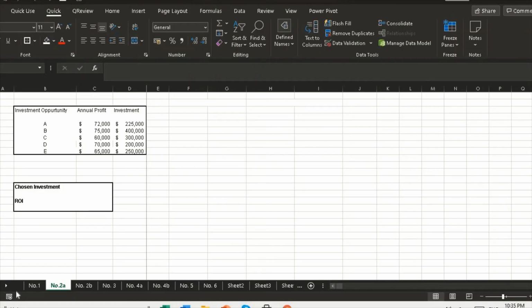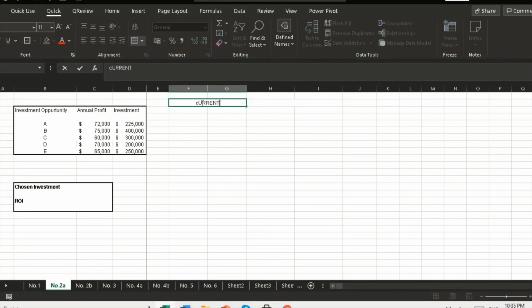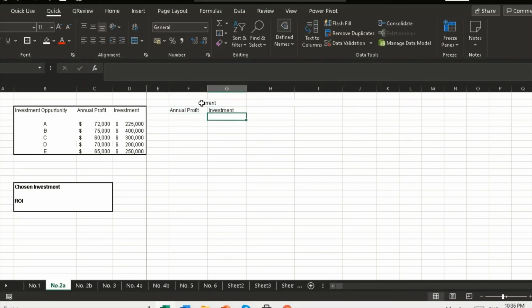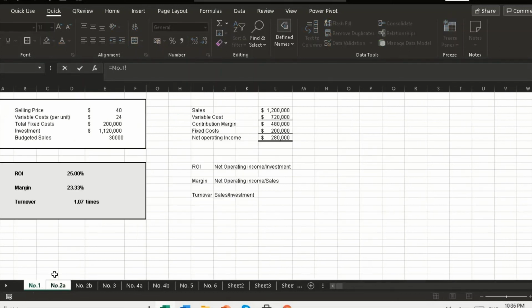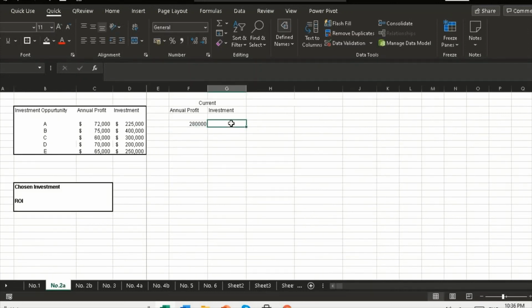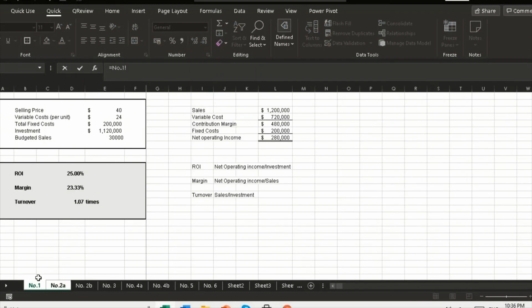To determine which is the best investment opportunity, we must first calculate the ROI considering the current balances of the annual profit and the investment cost of the division. As computed earlier, our annual profit is 280,000, and our investment is 1,120,000.